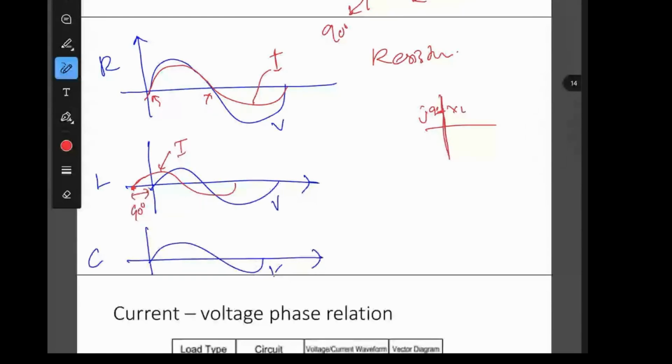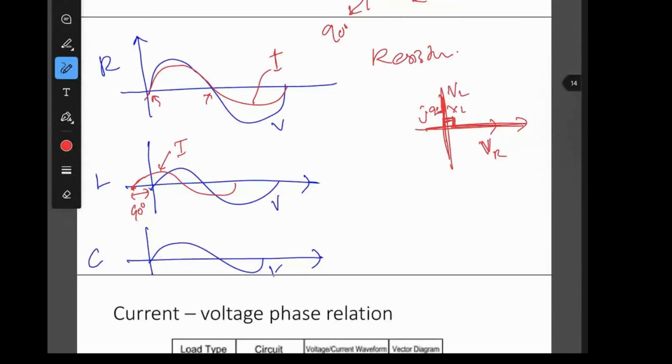The phase difference between voltage and current for the inductor is 90 degrees. You can see in this graph. For the resistor it is VR, and this one is VL. So the difference is 90 degrees.